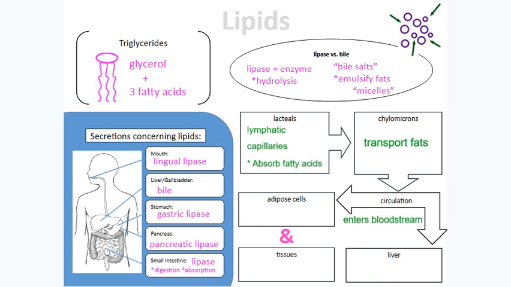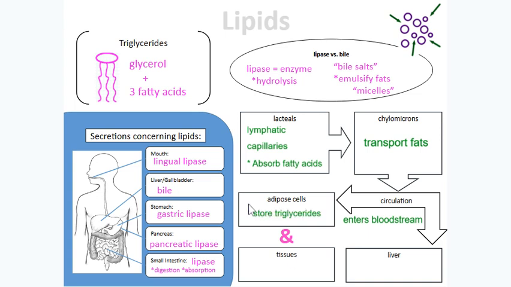They enter your blood. As those chylomicrons travel through your body, the cells of the tissues around, wherever they end up, start pulling triglycerides out, which is kind of cool. Those triglycerides are broken down again so they can enter the cells, where they're put back together as triglycerides.